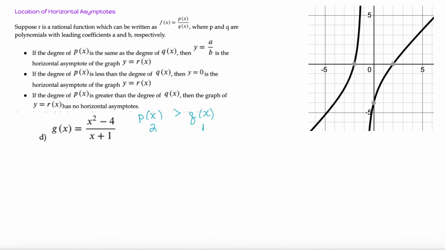So since 2 is greater than 1, the graph has no horizontal asymptotes, and we can see that it's really not approaching that anyways. So no horizontal asymptotes.